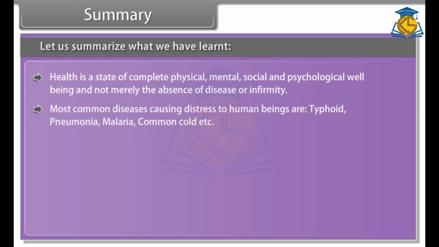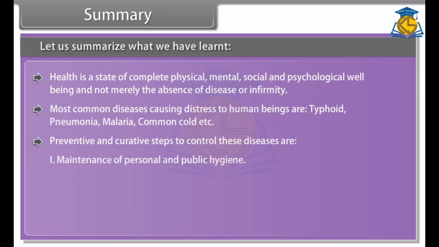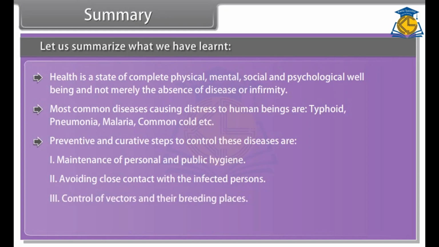Most common diseases causing distress to human beings are typhoid, pneumonia, malaria, common cold, etc. Preventive and curative steps to control these diseases are maintenance of personal and public hygiene, avoiding close contact with the infected persons, control of vectors and their breeding places, and use of vaccines and immunization programs.